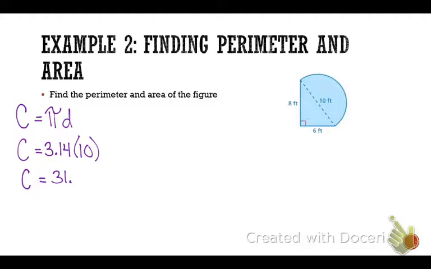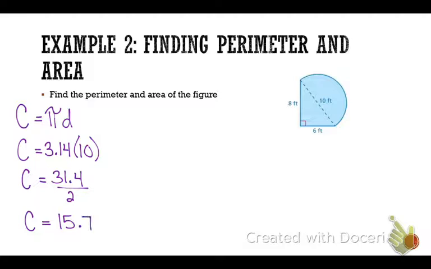I love it when that happens. I don't have to use my calculator. But this is the circumference of an entire circle. What do I have here? Semi, so I divide by 2. What's 31.4 divided by 2? 15.7. All right. Did you guys get the same thing? 15.7?